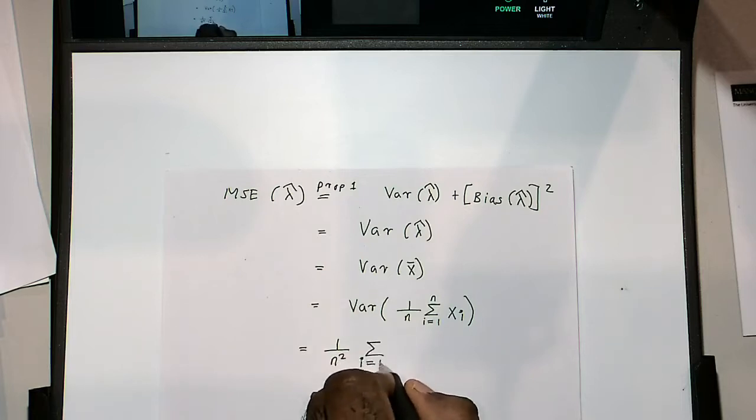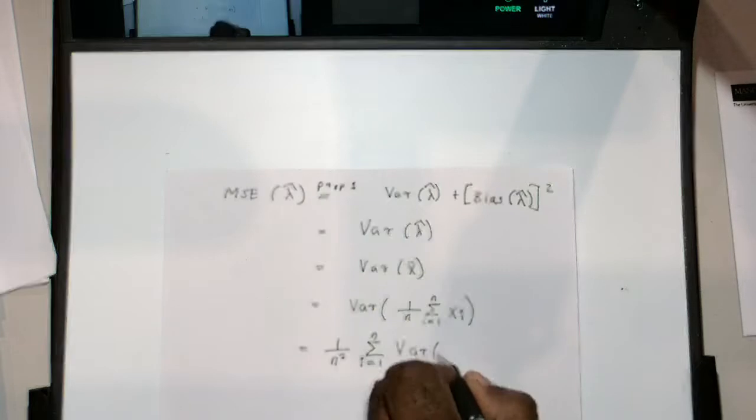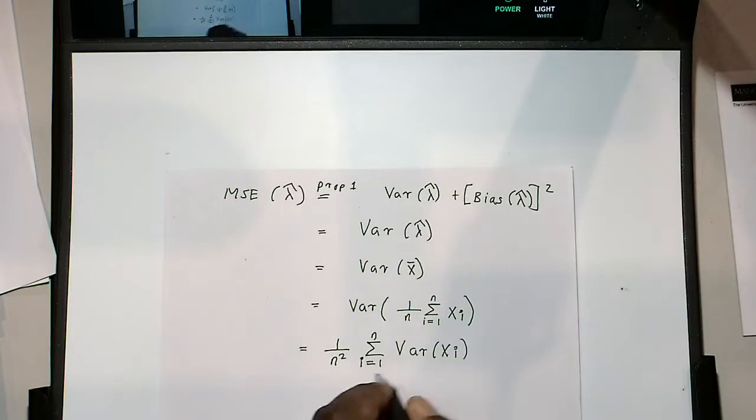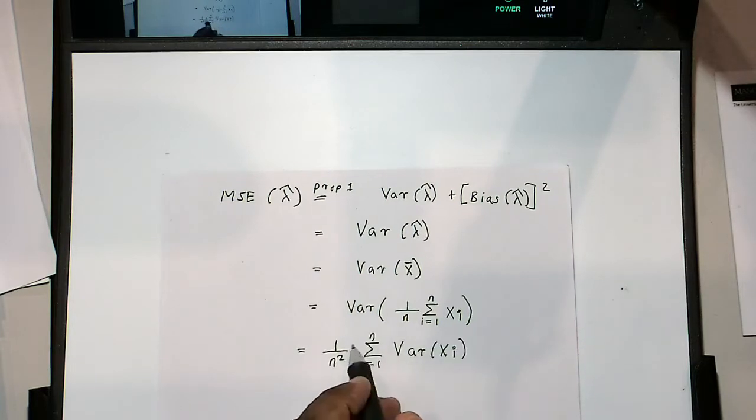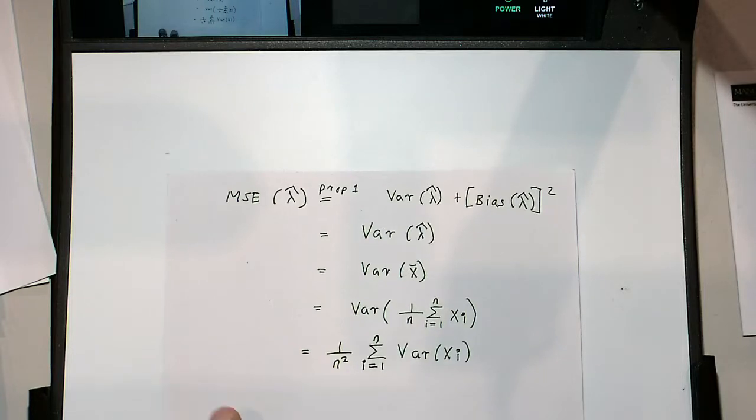I hope you know this. If you don't know this, try to remember this, that when you pull a constant outside of the variance, you need to square it. So the 1 over n here becomes 1 over n squared, right? I hope you remember this.